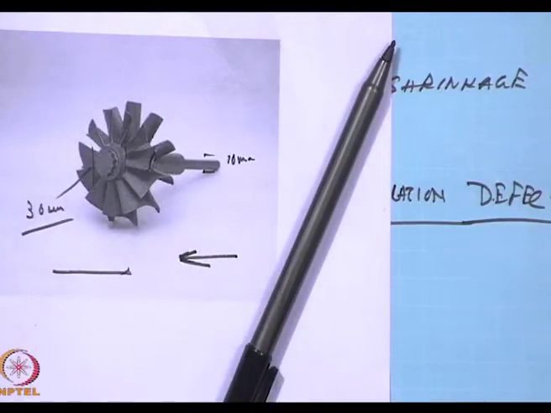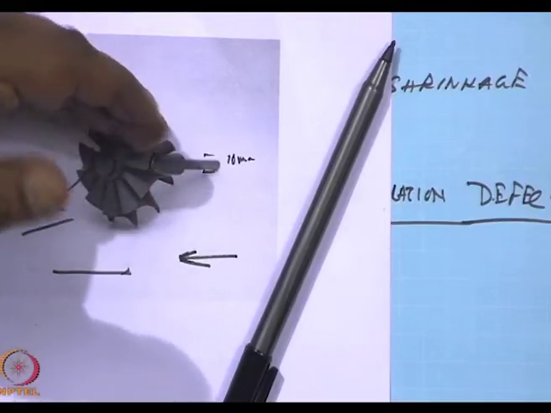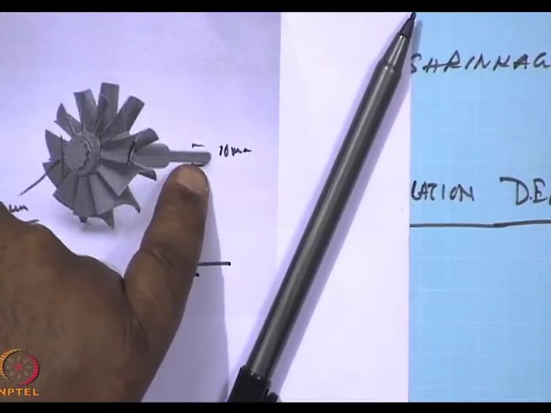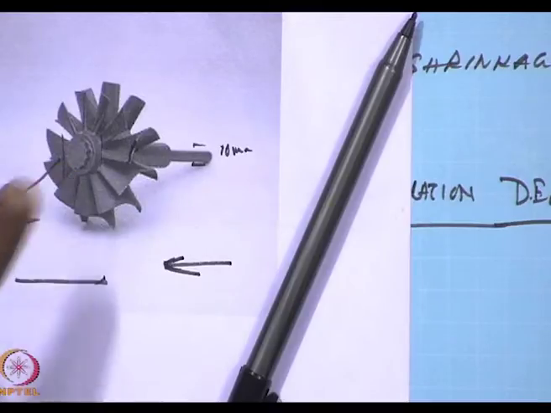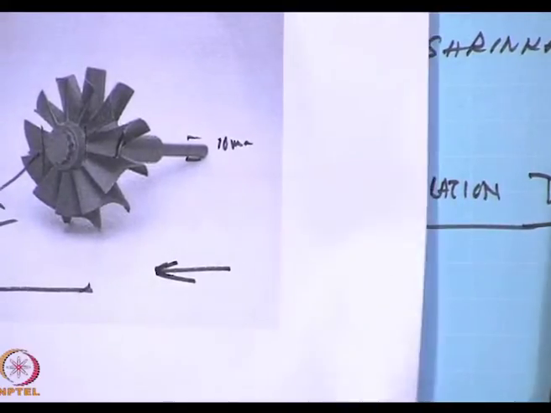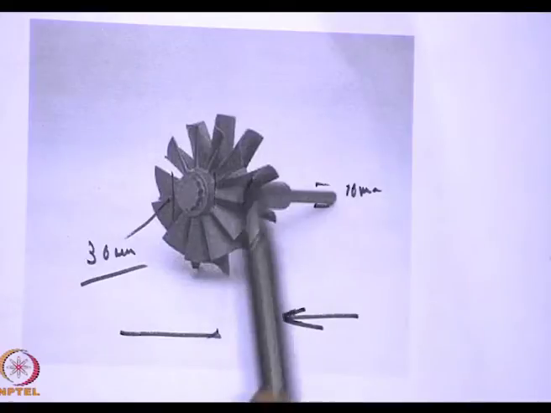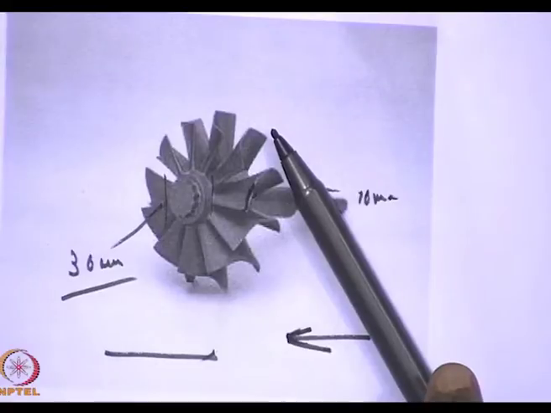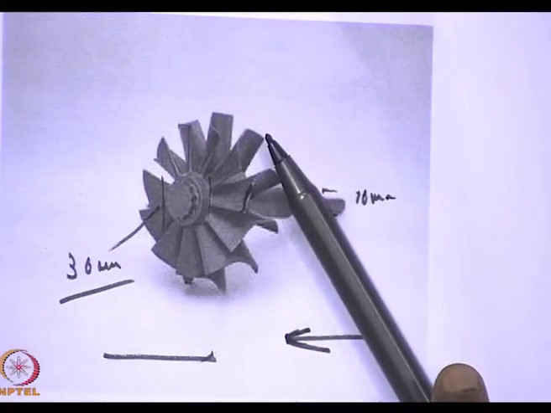So, as a result, when the liquid is, or when the mix is solidifying in the mold, the rate of heat transfer would be faster in the blades, then it would be over here, and in this thick part, it would take a long time for it to solidify, because of the very fact that this whole thing has been made in one go. This is very thin, so it would cool down fastest.